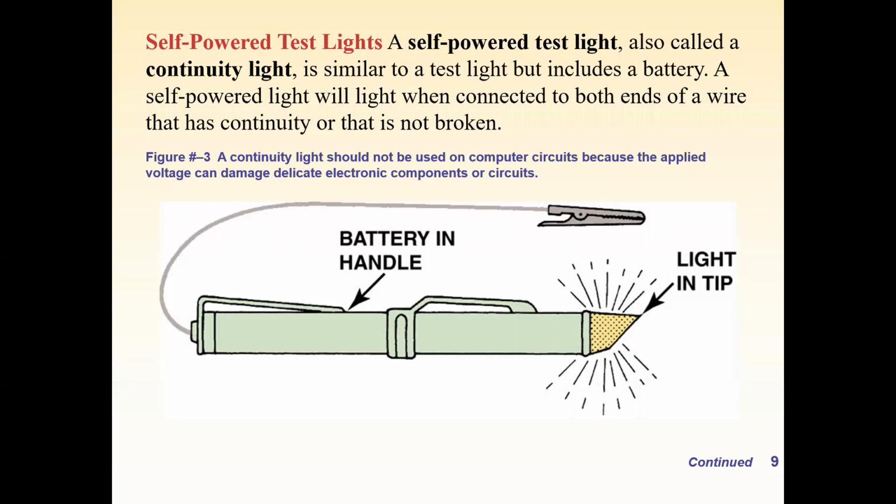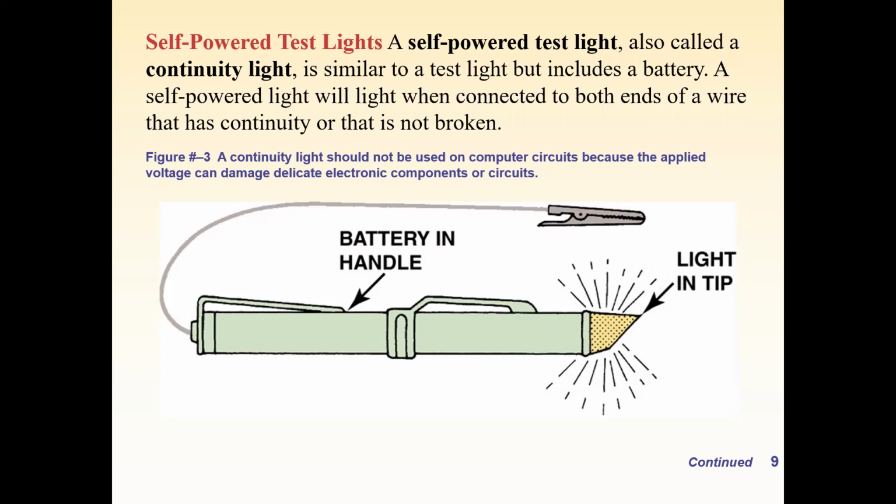This self-powered light will glow when both ends of the wire are connected to the test light. Here you can see we have two wires.